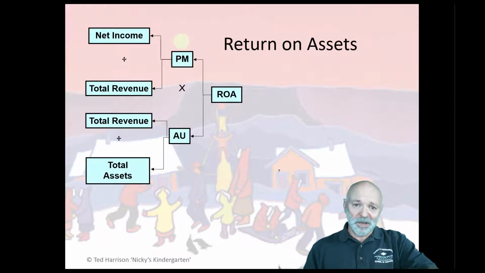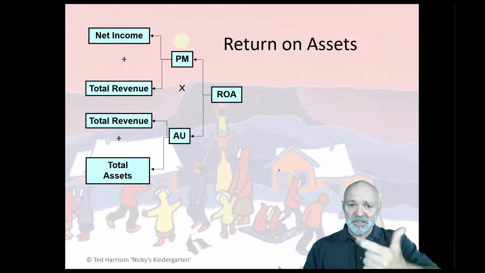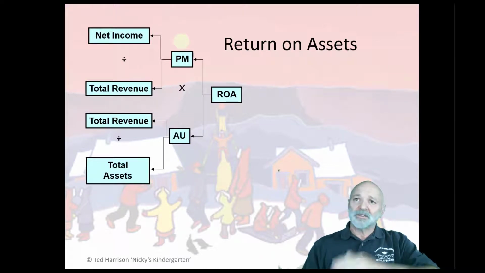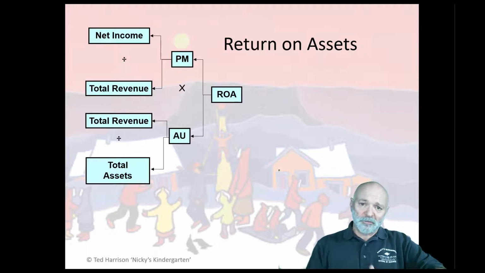For example, here we could use EBIT instead of net income if we're looking at a division within the organization and the managers don't control interest and tax decisions. So we'll stick with the simple model. That's what our textbook does. Net income divided by total revenue is our profit margin. So if we have $100 in net income and $1,000 in total revenue, 100 divided by 1,000 is a 10% profit margin.